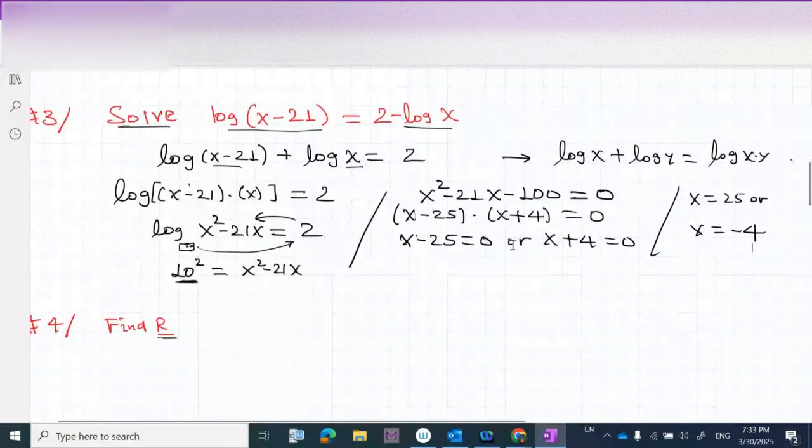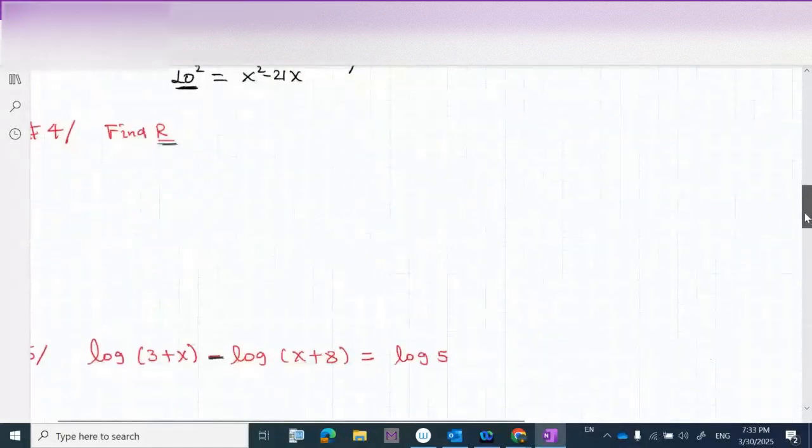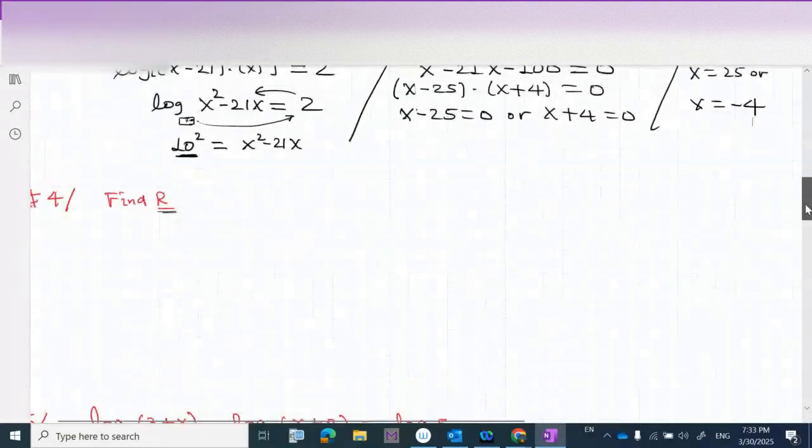All right. The next one is question number 4. It says find r if my question is like this. Find r.